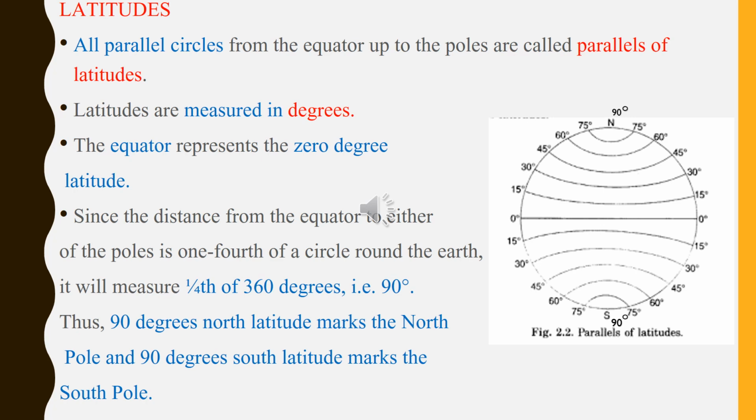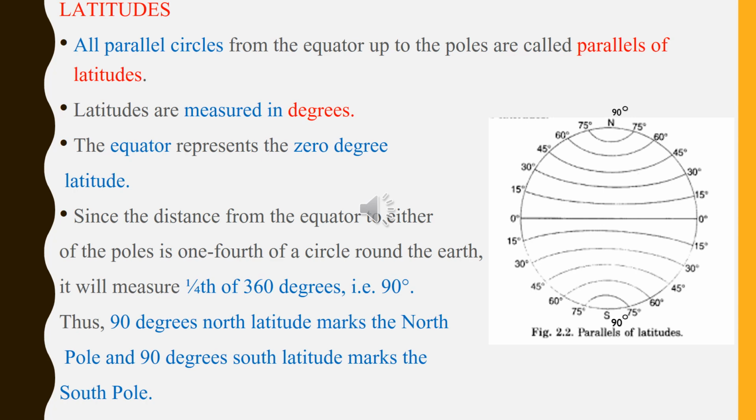Since the distance from the equator to either of the poles is 1/4 of a circle around the Earth, it will measure 1/4 of 360 degrees, that is 90 degrees. Thus, 90 degrees north latitude marks the North Pole and 90 degrees south latitude marks the South Pole.